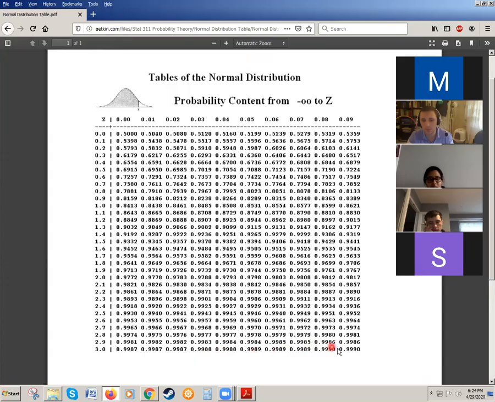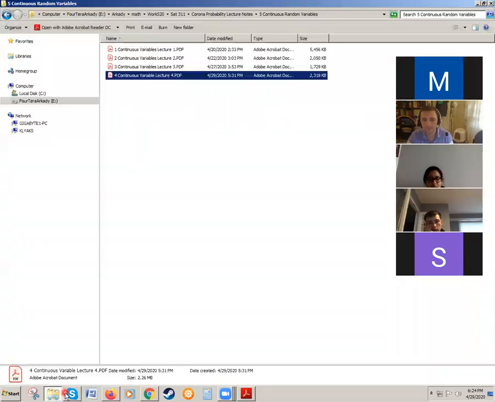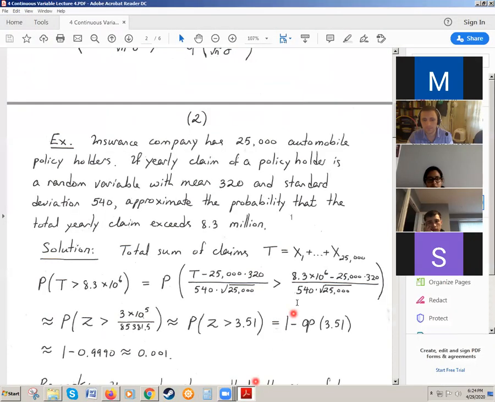The closest we have in this table is below 3.51. So roughly we're going to say 1 minus 0.9990, which is about 0.001. It's actually lower than that, but that's what we are able to see.